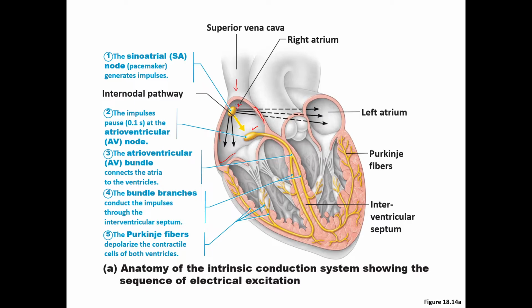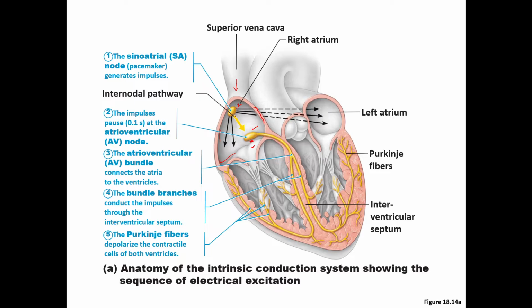So near the entrance of the superior vena cava, SA node or pacemaker. And AV node, its name is AV, atrioventricular, so close to the AV valve, right AV valve, tricuspid valve is here, right, close to that. So that's why it is called the AV node.